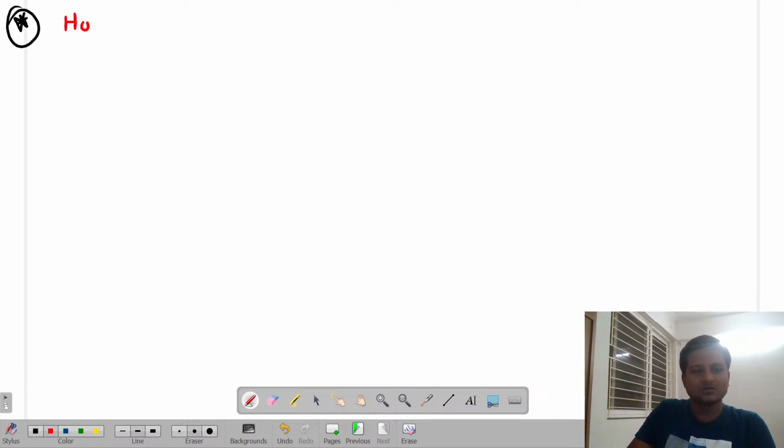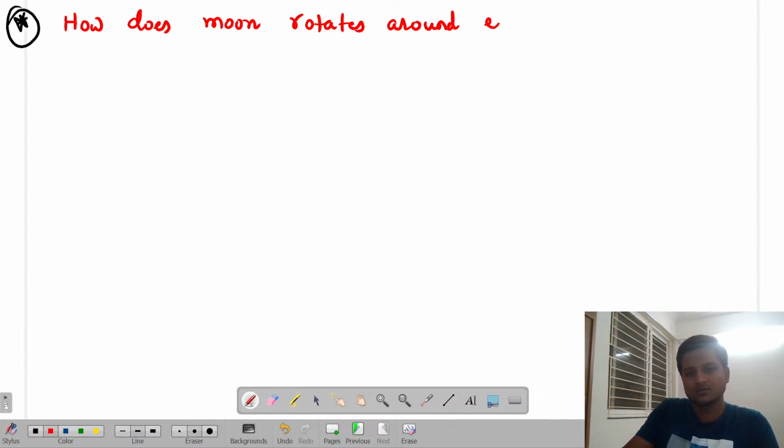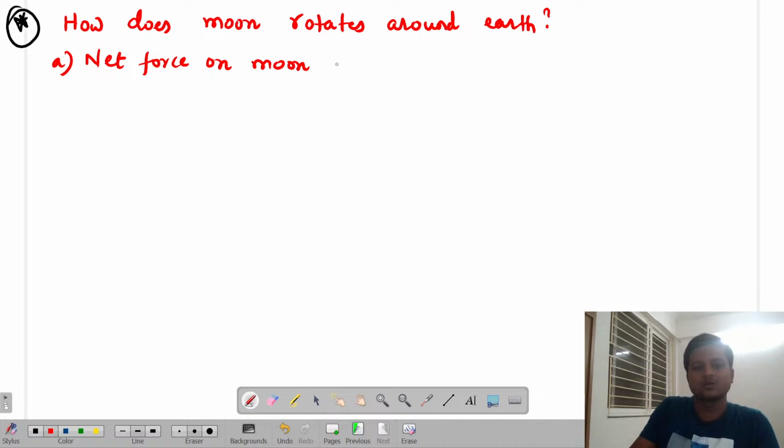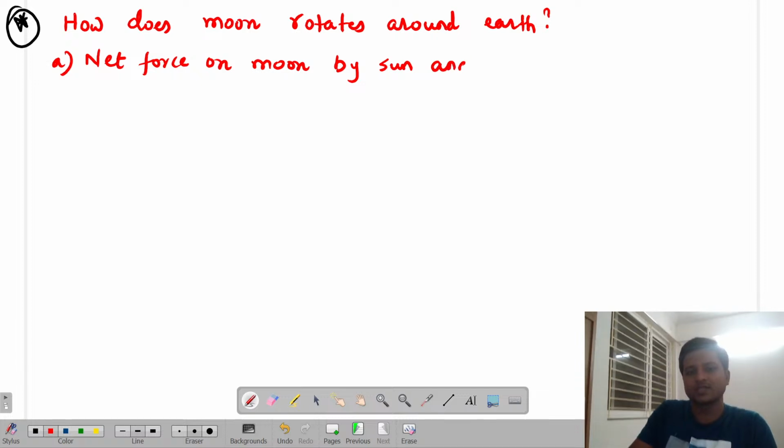Why, how does the moon rotate around Earth? Options are: A. Net force on the moon by the sun, earth and other planets is zero.